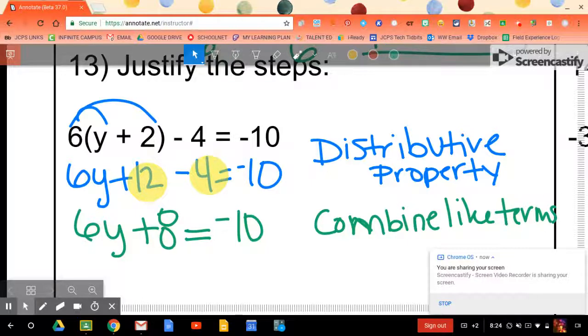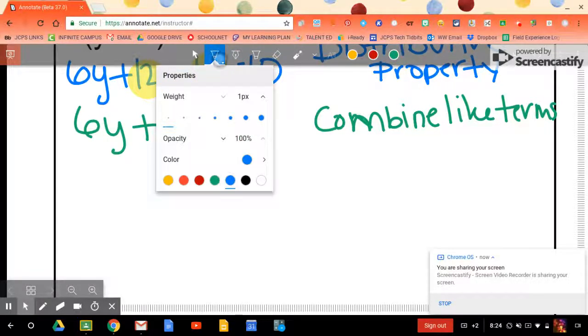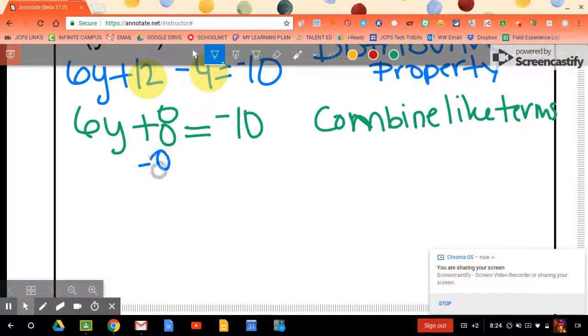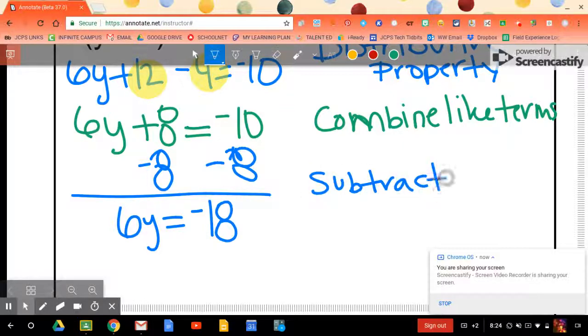Okay, our next step is we've got to get that variable by itself. So we are going to subtract the 8. Since we are doing that to both sides, remember, it's not just the subtraction property, it's the subtraction property of equality. So remember that we can put POE for property of equality.